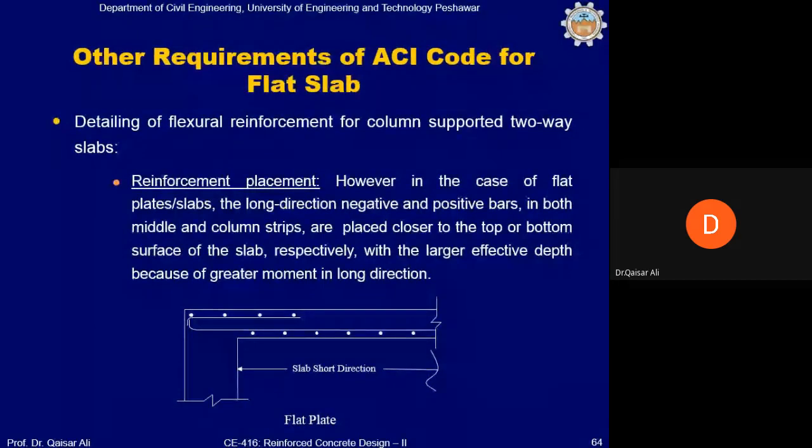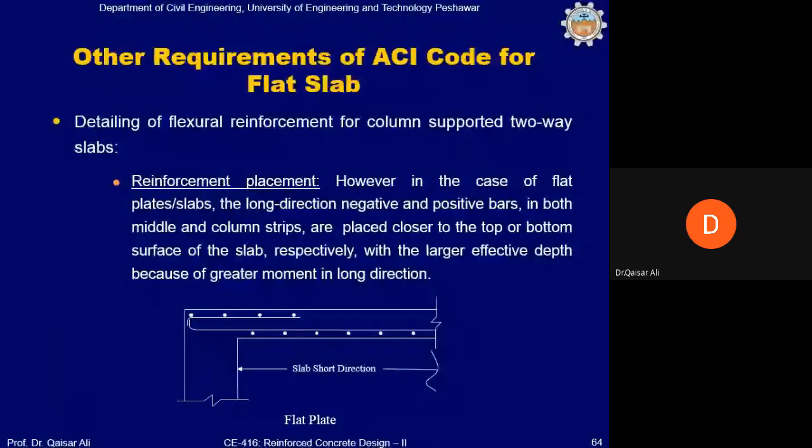However, in the case of flat slabs and flat plates, when there are no beams, the long direction bending moments are more than the bending moments along the short direction, and for this purpose, top and bottom reinforcement along the long direction is placed closer to the top and bottom of the slab respectively in order to give us larger effective depth.